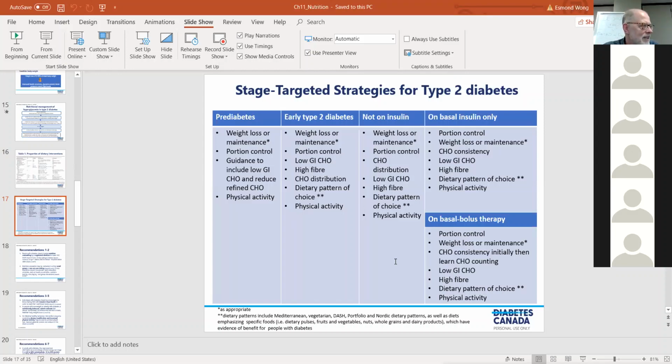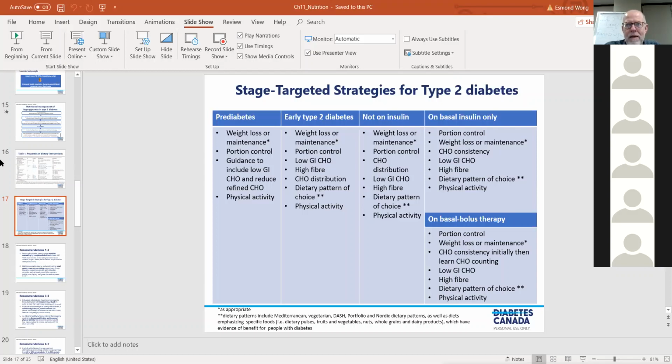So low glycemic index foods, less insulin required, give your pancreas a bit of a break. Okay. And of course, physical activity to help with weight control, as well as with insulin sensitivity.